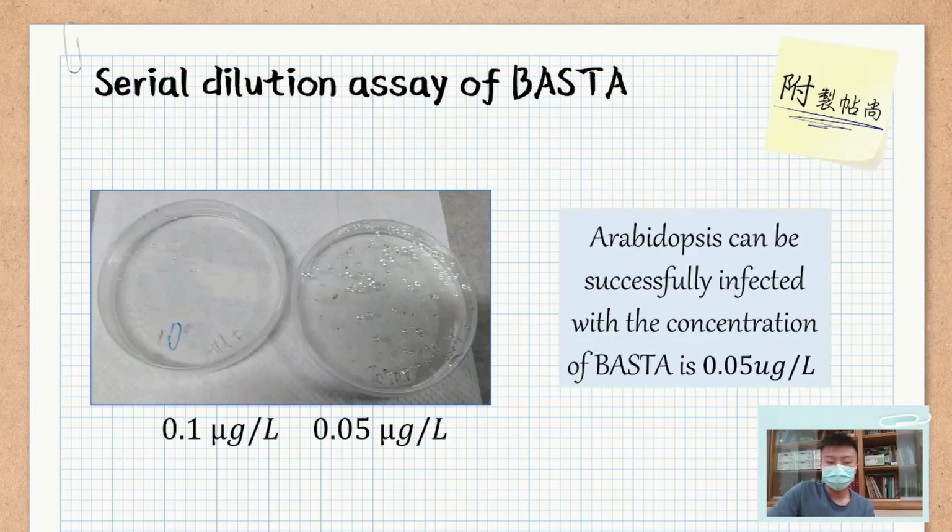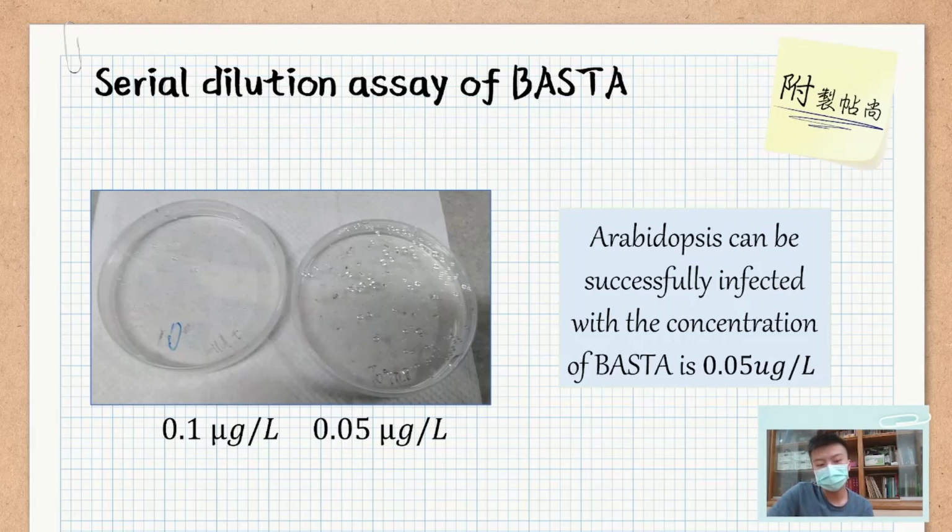In the first experiment, we tried 0.1 concentration. However, after the experiment, we found that most of the plants died. Therefore, we can infer that it is not an appropriate concentration for Arabidopsis, because we cannot tell whether a plant contains the resistant gene or not, all died.